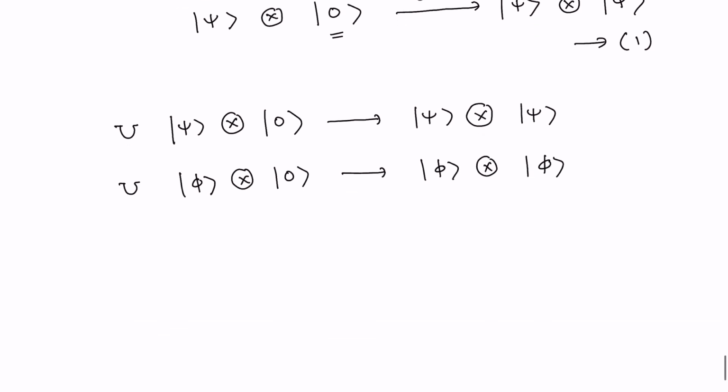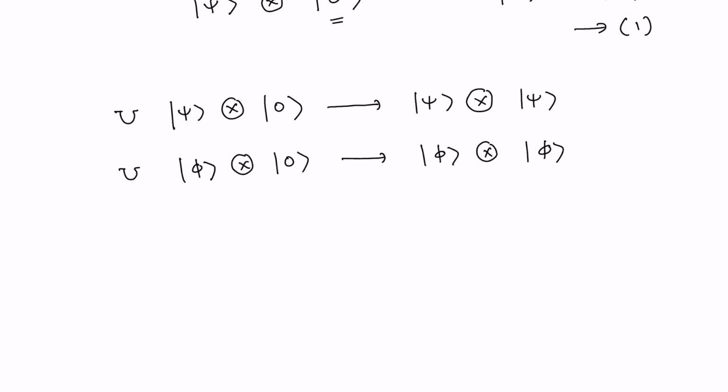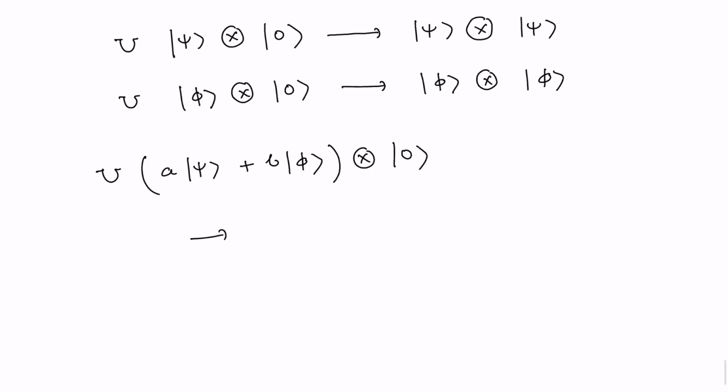If this is possible, then we can also copy the superposition state of |ψ⟩ and |φ⟩ as well. If we apply this unitary operation on it, we get a|ψ⟩ + b|φ⟩, and the empty state would now be filled up with a|ψ⟩ + b|φ⟩.